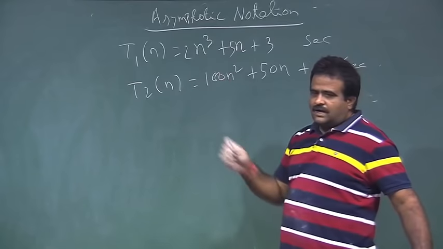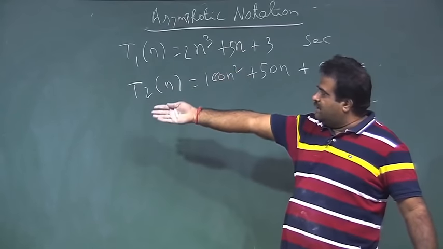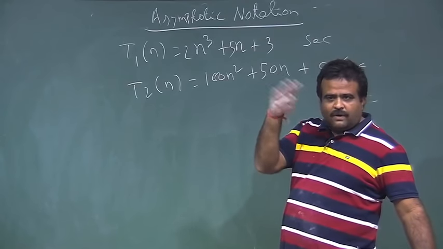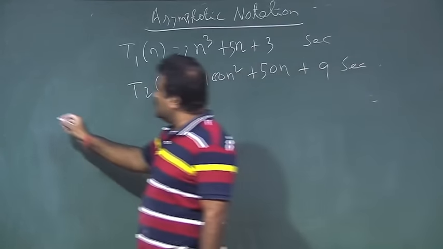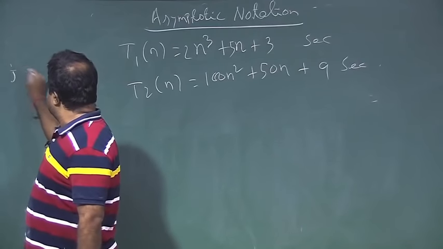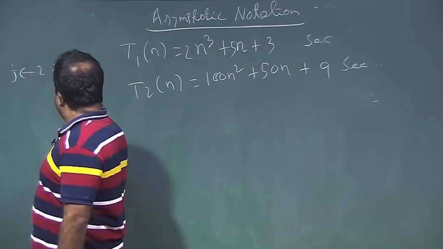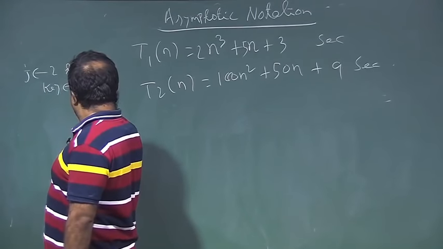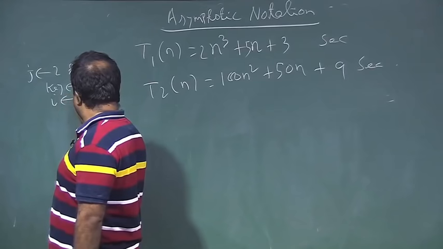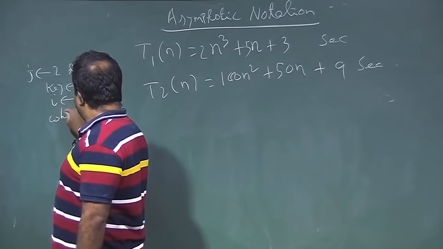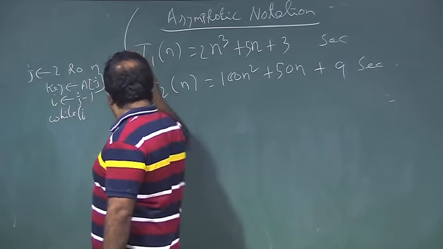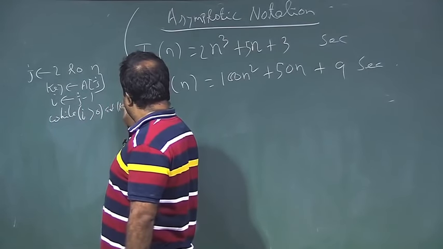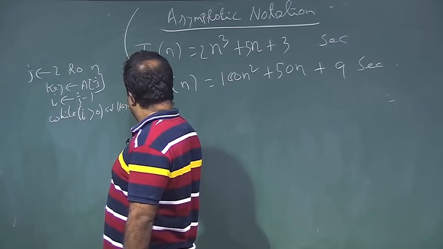We have, for example, insertion sort. We know how many loops we have. In insertion sort we have an outer loop, say j equal to 2 to n, and then we assign key, and i equal to j minus 1, and then we have a loop while i is greater than 0 and key is less than a[i].